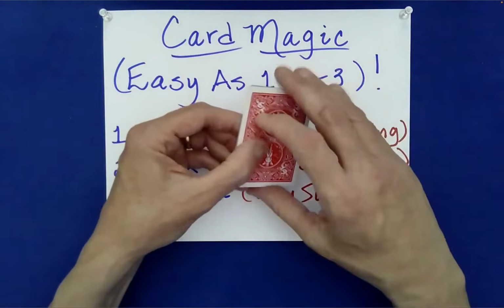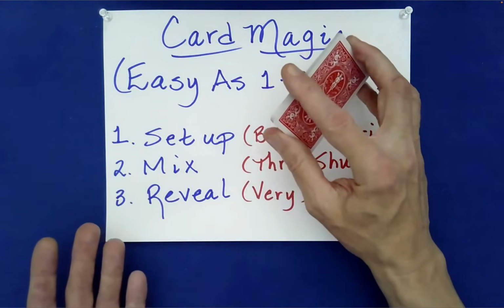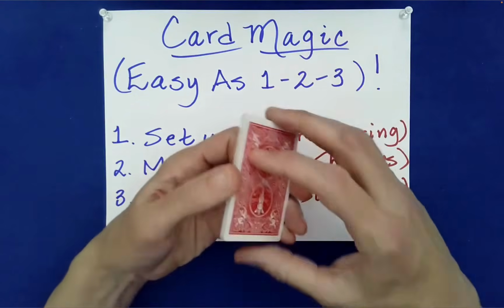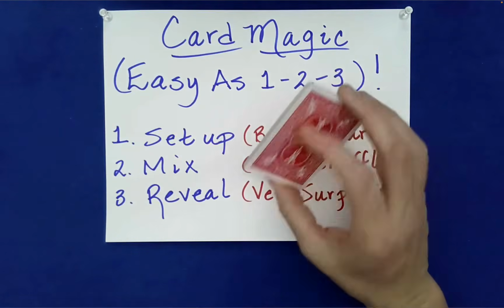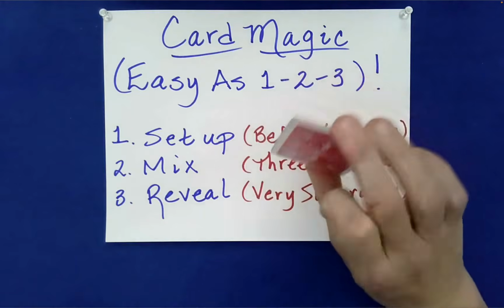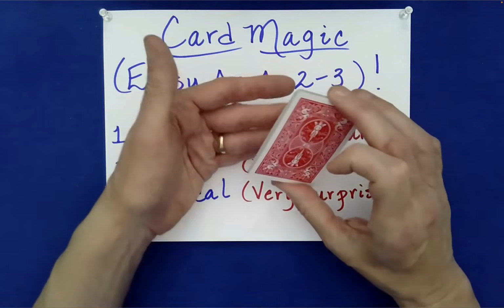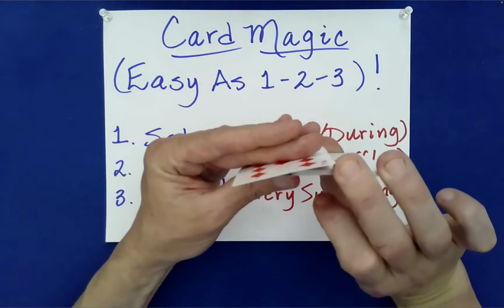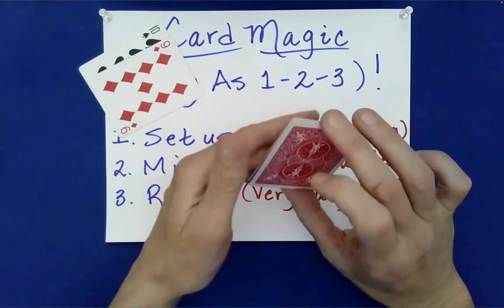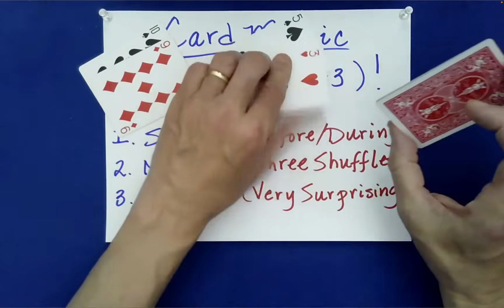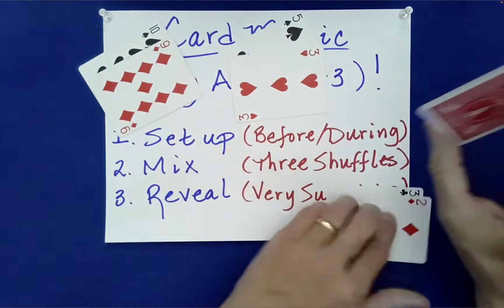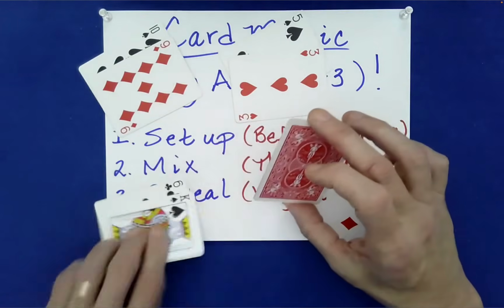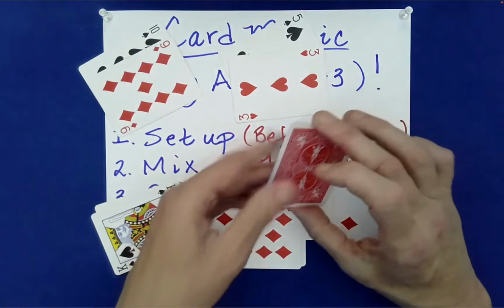Okay, and then once you've done enough of those to the satisfaction of the spectator, what you do is perform what's called a Klondike shuffle. So you hold the cards in what's called biddle grip like this, and then you take the bottom card and the top card off together as one, and you just set them down like this, like that, like this, like that, like this, and then like that.